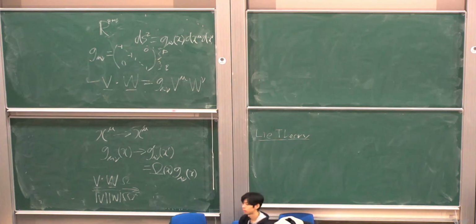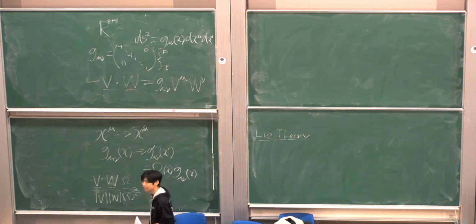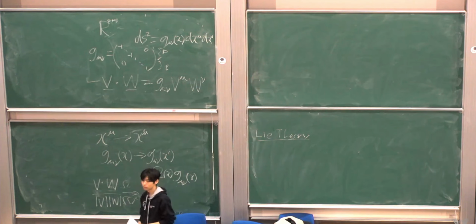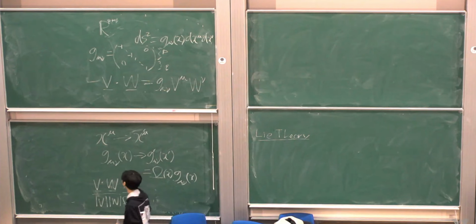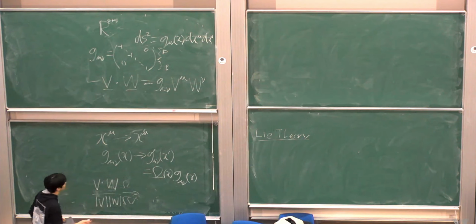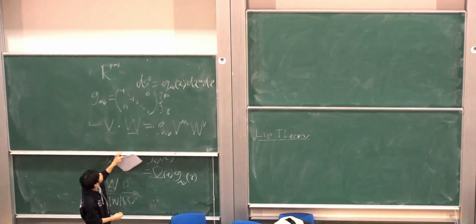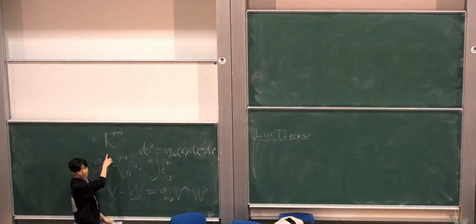Sorry, in the interest of all the mathematicians here, what is really x mu and what is there about it? Okay, we have this space here, right?